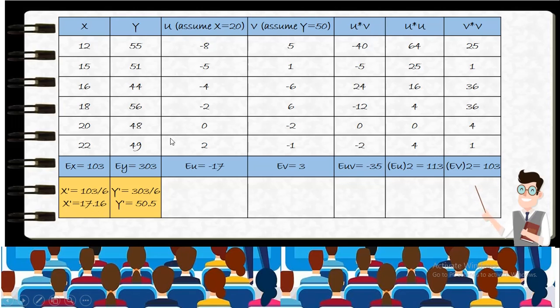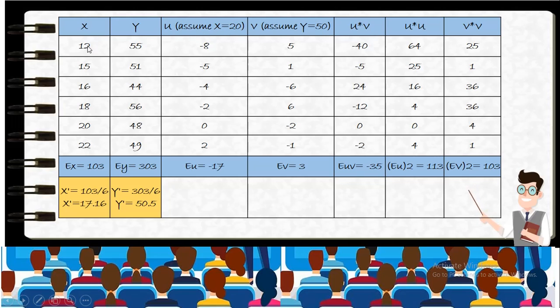So instead of x bar, we will assume some amount for variable x. We can assume 17 or 18, but for the sake of simplicity we will assume 20. For y bar, which is 50.5, we assume v equals 50.